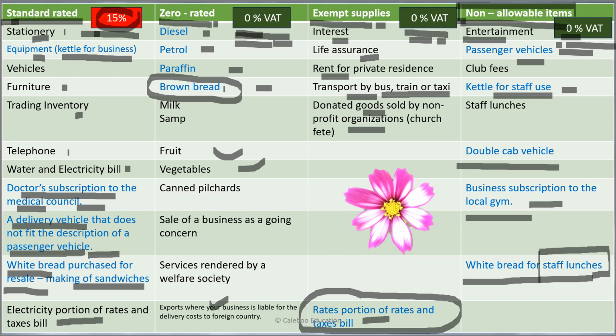Standard rated items, you can claim 15%. Zero rated, 0% VAT. Exempt, 0% VAT. And non-allowable items, 0% VAT.